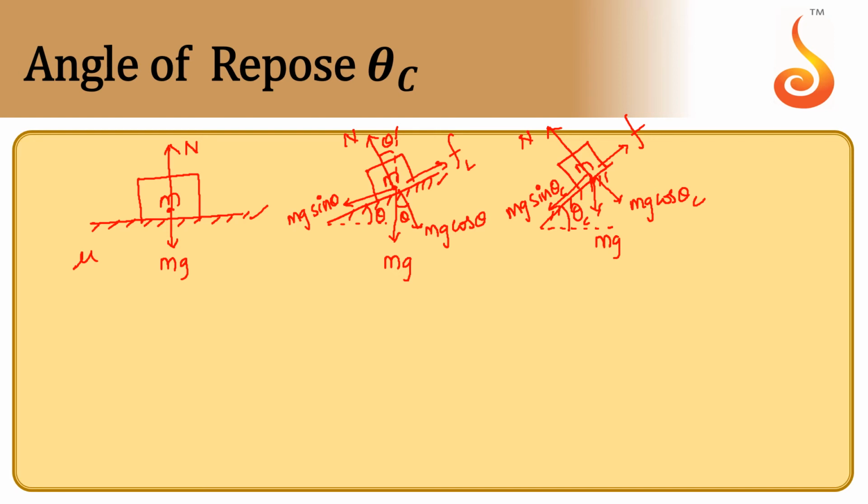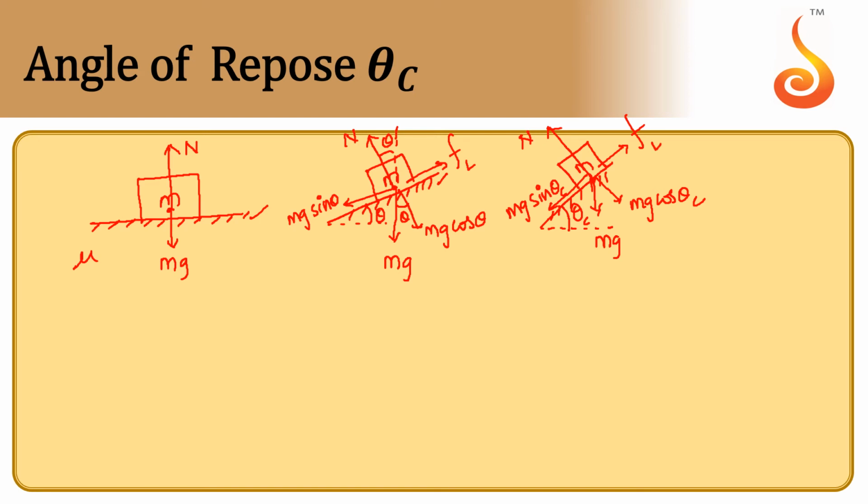So how do we define angle of repose? Angle of repose is nothing but the angle of inclination at which the block's weight component will be equivalent to the limiting friction between the surface and the block.